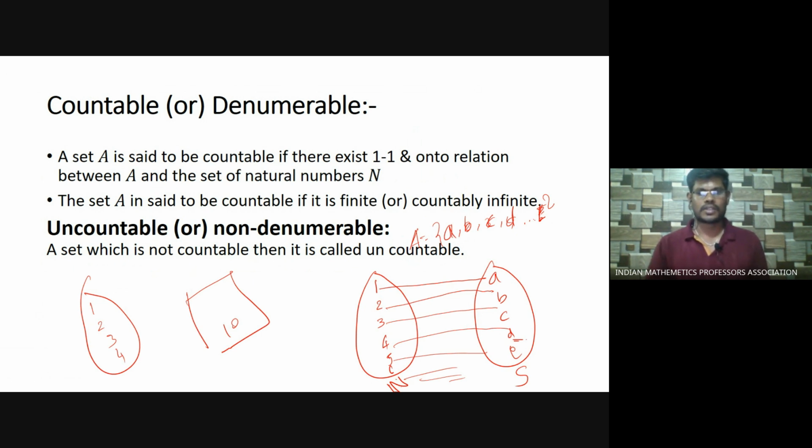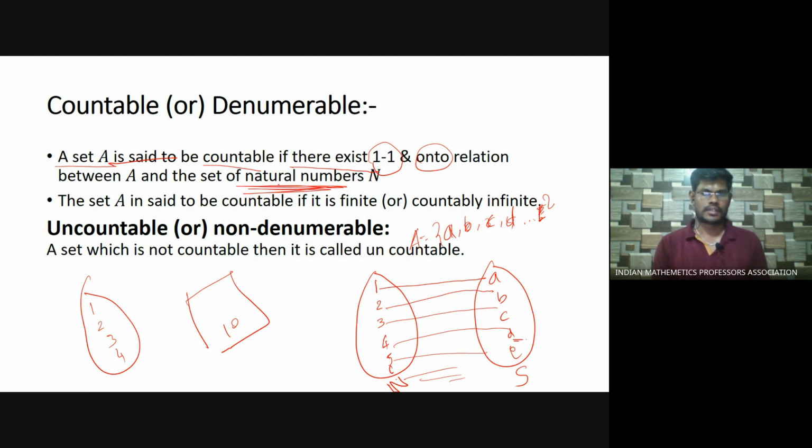Here we have a formal definition. A set A is said to be countable if there exists a one-to-one and onto mapping, that is a bijection, between A and the set of natural numbers. This is our keyword.